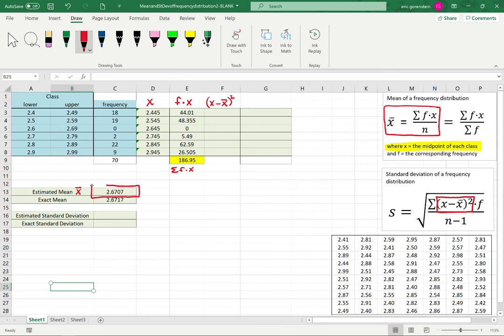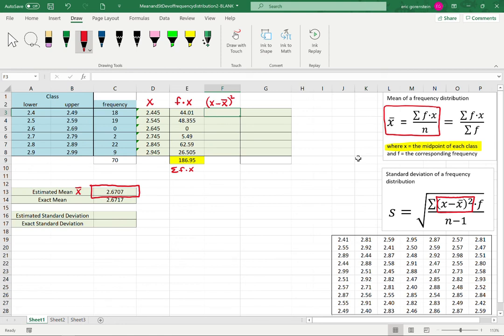I'll keep a box around this because we're going to be using that x bar, the mean of the frequency distribution. Now, there's one new function in Excel that I'm going to be introducing, and it's a pretty important one in the context of this problem. It'll come in just a couple of moments.